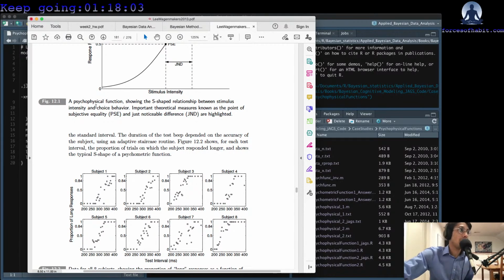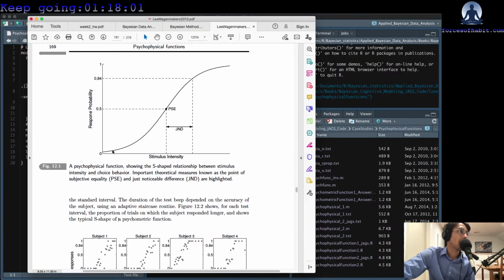Now, one thing to note here is that given that we're theorizing that the psychophysical function for this particular task follows a sigmoid distribution, we can approximate that using a logistic function.